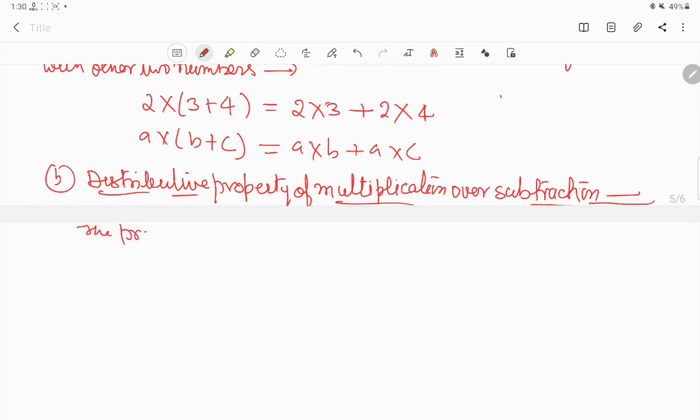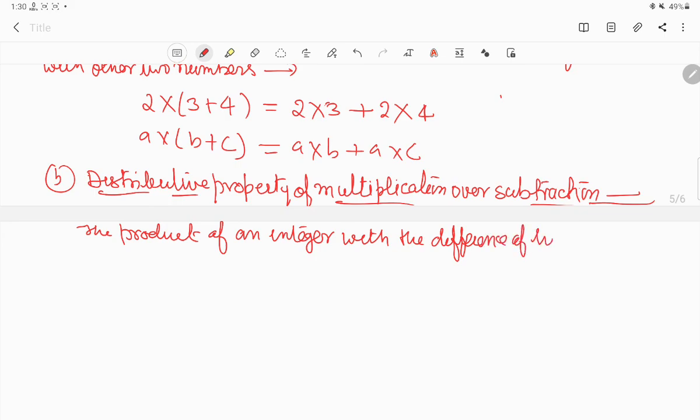The product of an integer with the difference of two integers is equal to the product of the first number with each of the other two numbers, taking the difference.